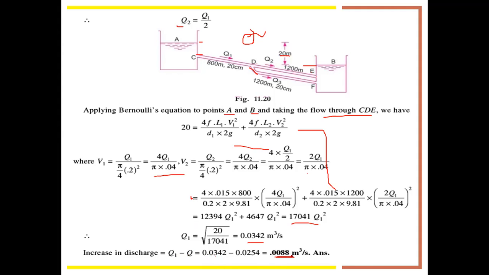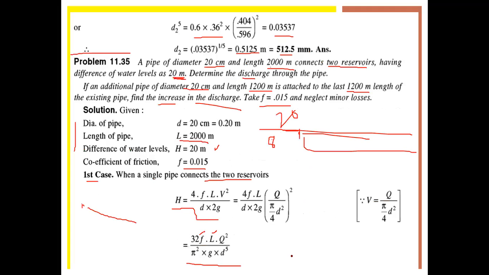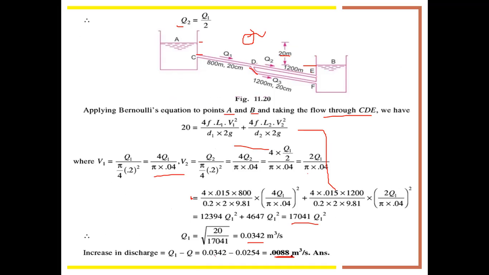But now you are getting pipes in parallel connection. Understood the problem, right? So first write the given data, write the formulas. You have to take the cases, first case, second case, like that in these parallel pipe problems. Why? Because if the connection is directly from here to here, that is series connection, there is no need of doing that.